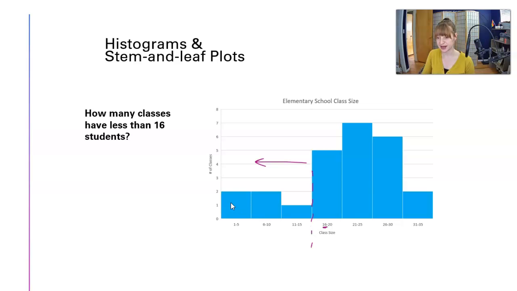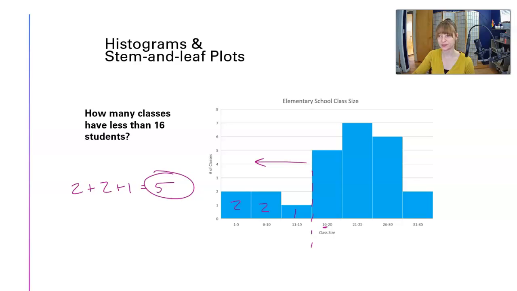So this first column has 2. The second column also has 2. And this third one has 1. So then we just add those together. 2 plus 2 plus 1 equals 5. So 5 classes have fewer than 16 students.